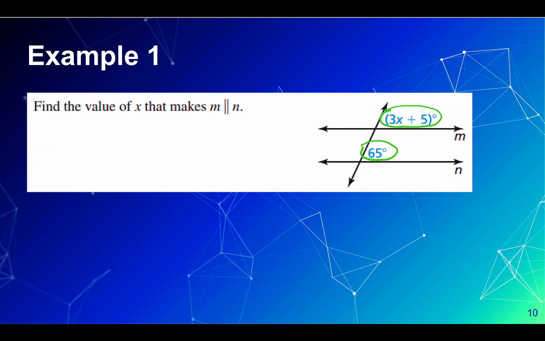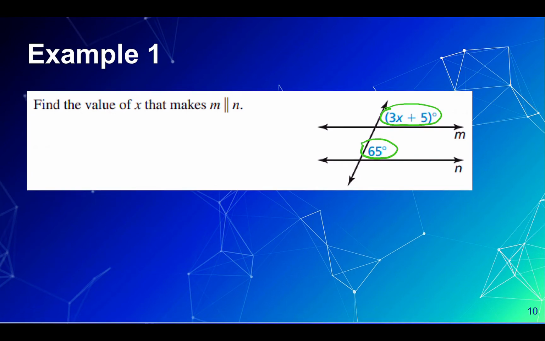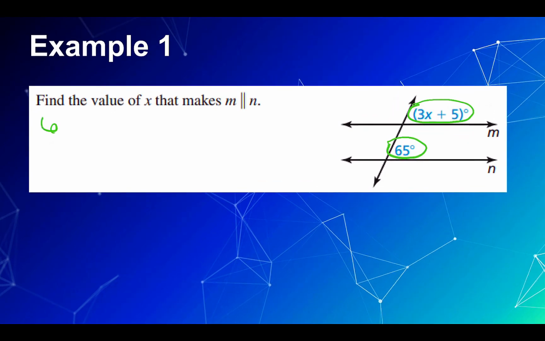So by the corresponding angles converse theorem, we can say that if 65 is equal to 3x plus 5, then m is parallel to n. What they want us to do is find the value of x that makes that true. So I'm just going to solve for x.